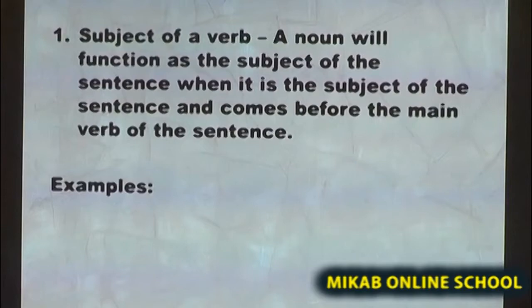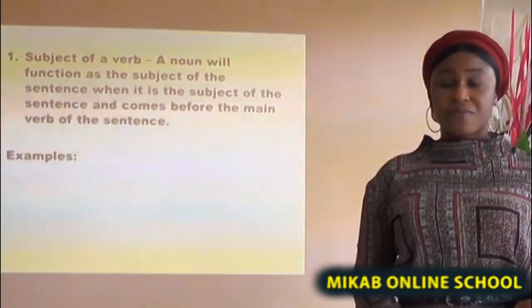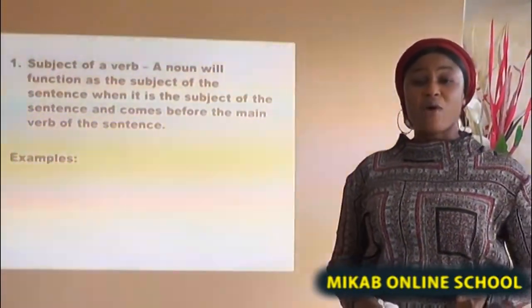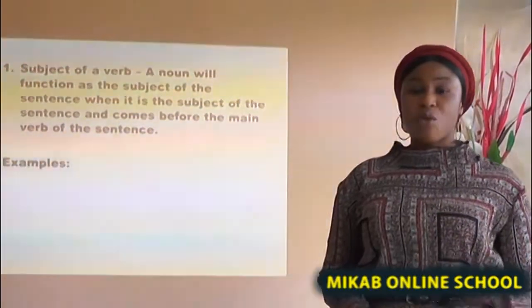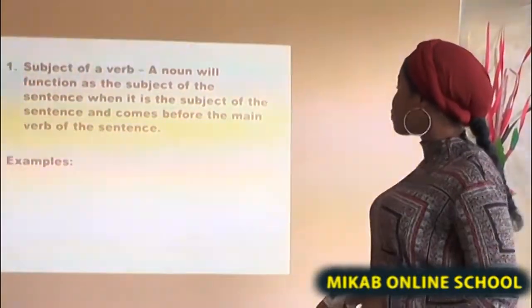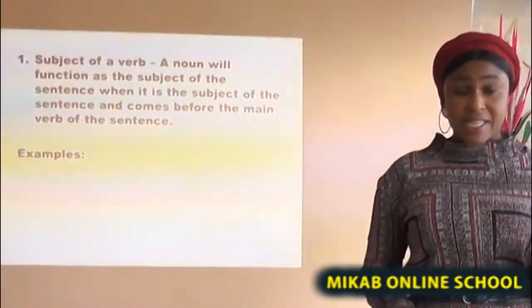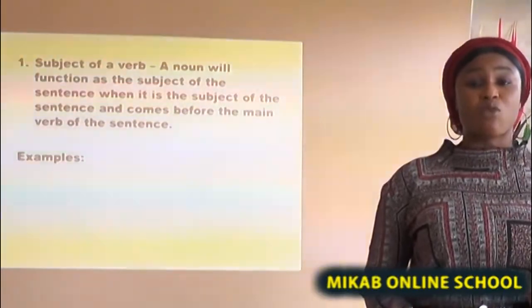It is the subject of a sentence because it is the doer of an action. In every sentence, we have the doer of an action, which is the subject, and we have the action word, which is the verb. So for a noun to function as the subject of a verb, it must begin a sentence. It usually begins what?